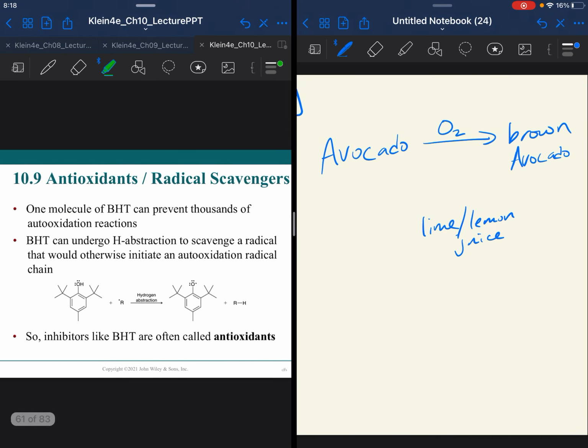They work by reacting with radicals, making a much more stable radical, right? It has lots of resonance here. And then keeping the food, the unsaturated fat, from reacting and making those peroxide products, which are toxic, right? Which is when your food goes bad.